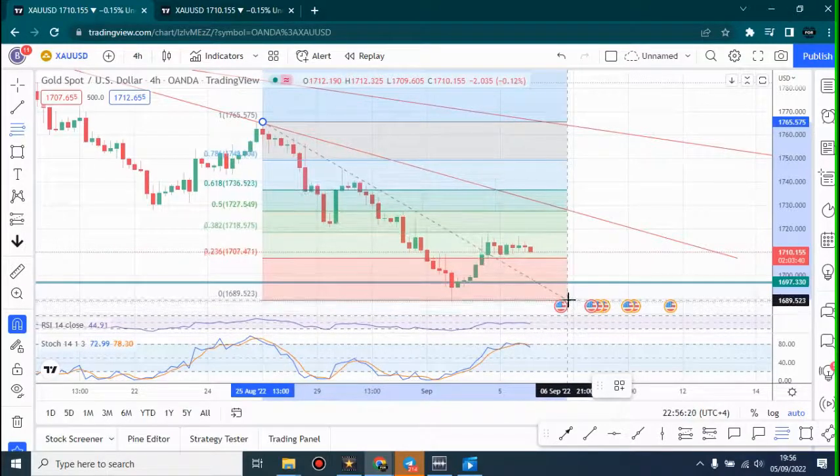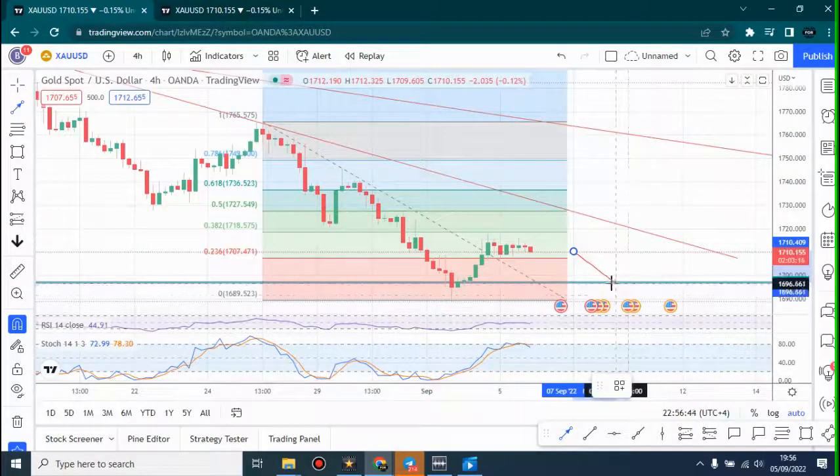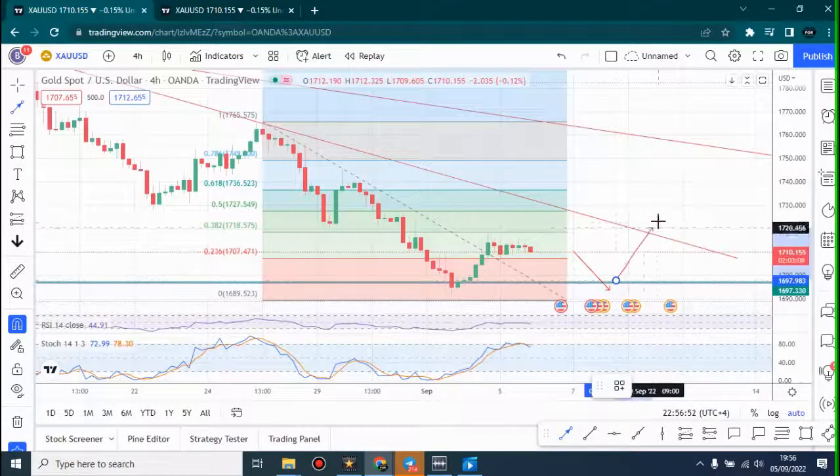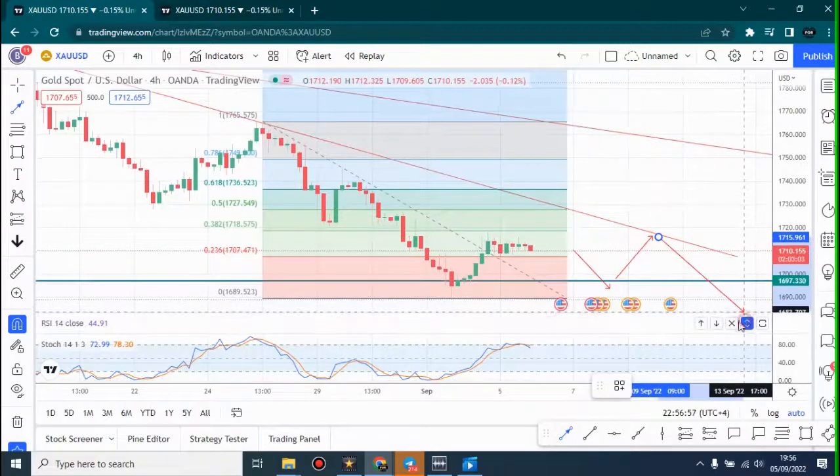Yeah, I'll put my Fibonacci, and as you can see, when prices reached the 0.38 level, it didn't break that level, so prices are still going to go down. So this market right now, I think we are still having some bearish momentum, some bearish pull. Prices may still fall back to this zone before it might decide to go back up and fall back down.